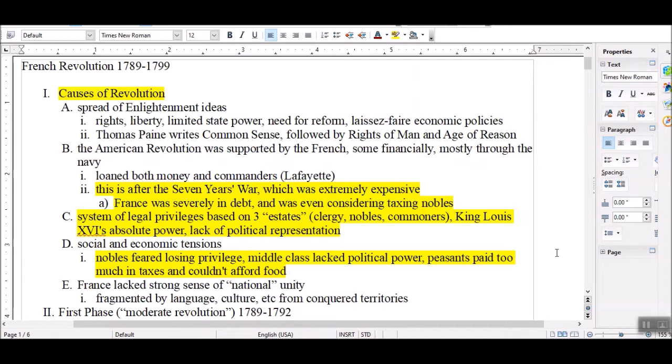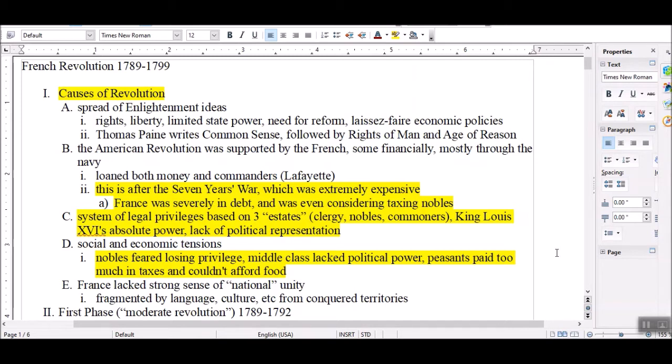Also a general idea towards reform through various means, and an idea that the government really shouldn't be running every single part of our lives, and that's problematic in an area that has a king as powerful as France's king is.